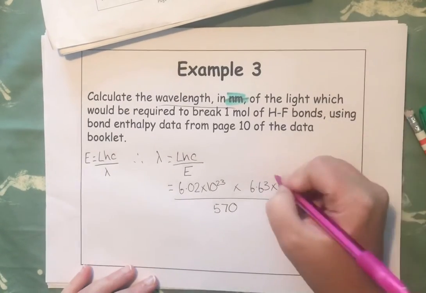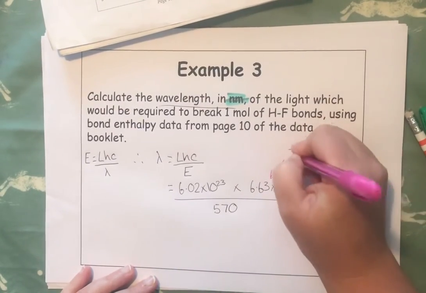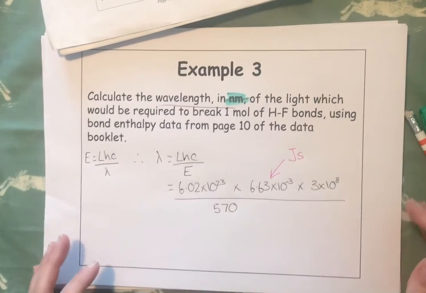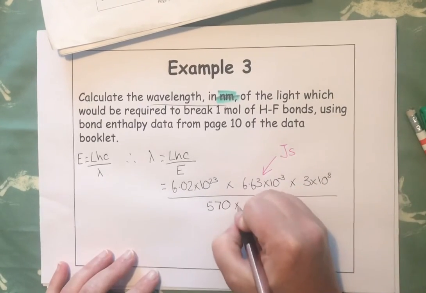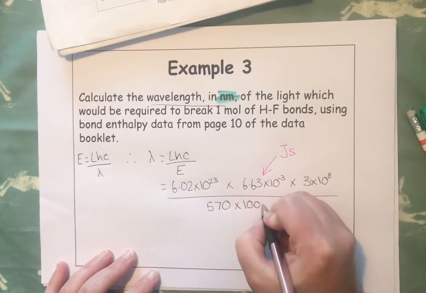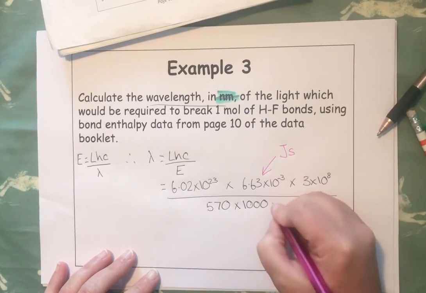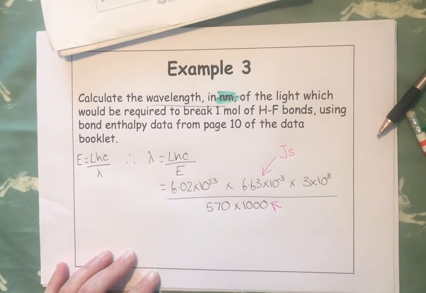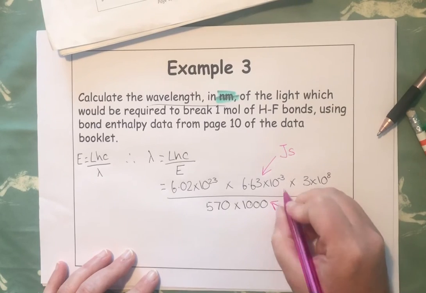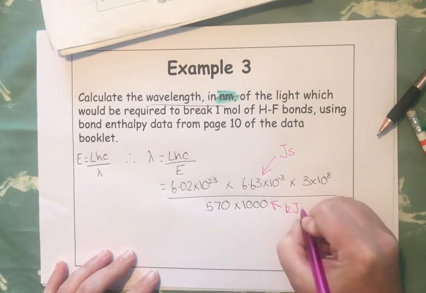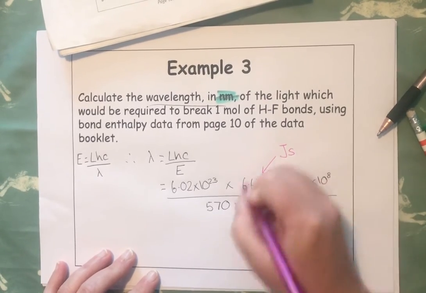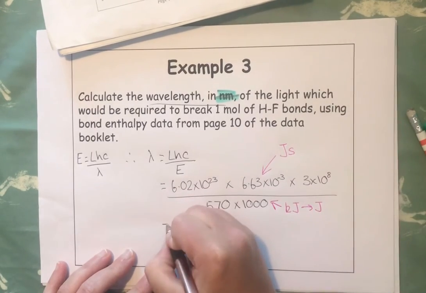But if I look at my unit for Planck's constant, it's still in joules per second. So I need to multiply this by 1,000 so that I make sure I've got consistent units, and I'm converting here kilojoules into joules to match with Planck's constant there.